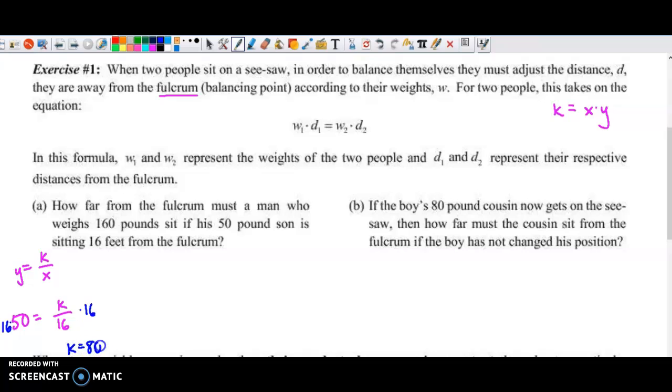So this is how I would traditionally teach this. So then I would go back to my equation, and it's y equals 800 over x. Let's see, and I put 16 feet. So this might be a little bit confusing, but the way I had it set up is I would put 160 in for y is equal to 800 over x, and then I could cross multiply, so I'm looking at 160x is equal to 800, and then you would divide both sides by 160.